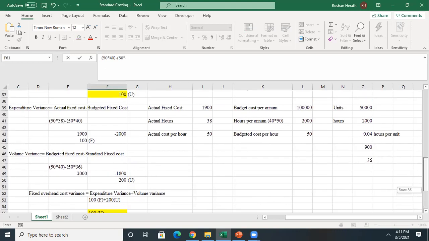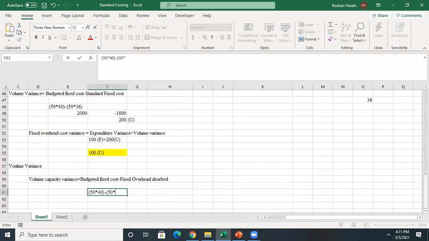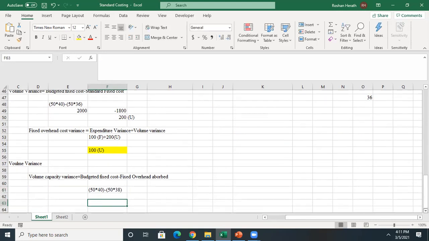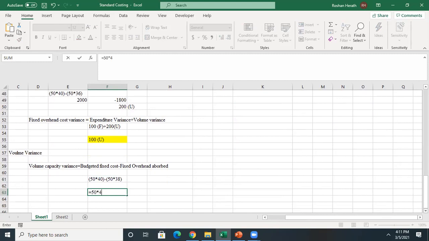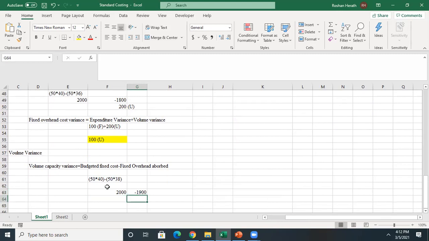Actual hours? Actual hours is 38. You can take 38 over there, right? Then if you work this out, it's 50 into 40, this is 2,000. And here you have 50 into 38. So this is the budget and this is the actual situation.